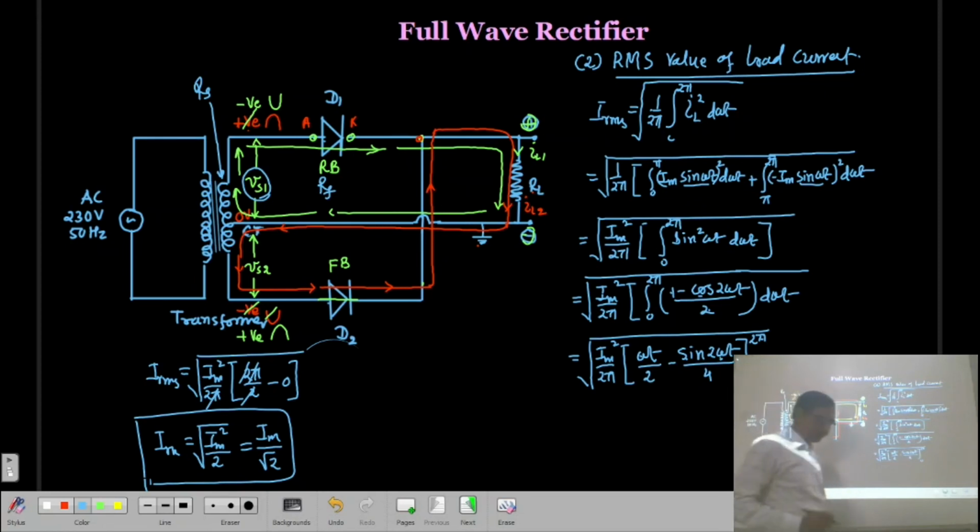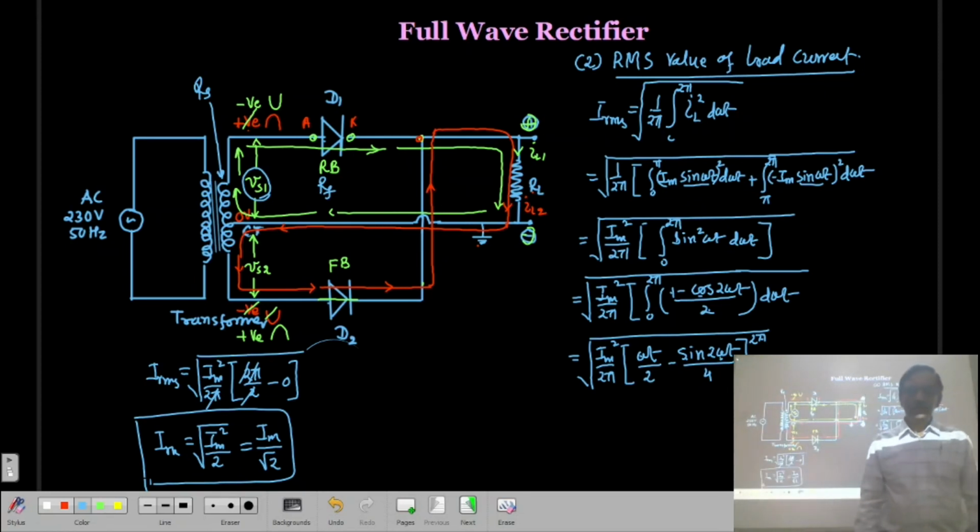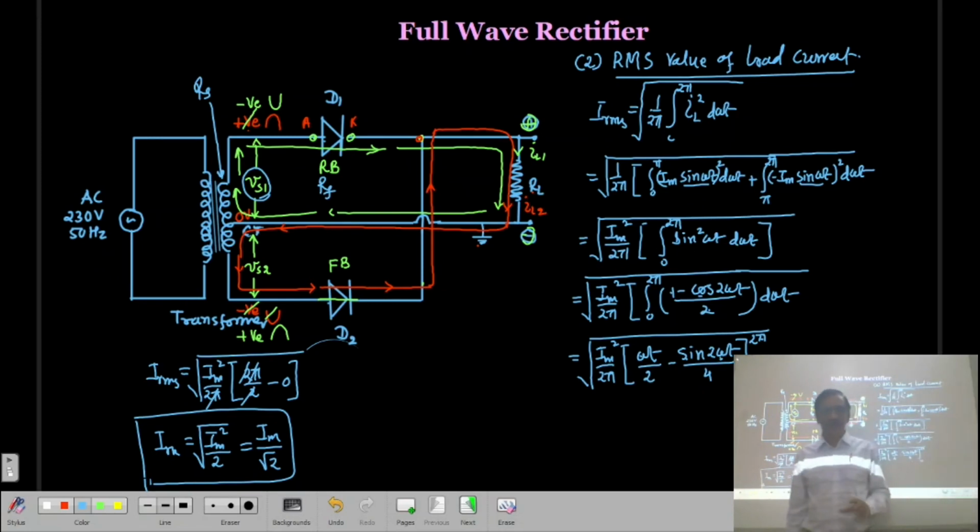So here now you compare this value with the half wave rectifier. In half wave rectifier the RMS value was Im by 2, but in case of the full wave rectifier it is Im by root 2, and this value of the RMS is like the RMS value of your AC current. Remember, in that case also IRMS is given by Im by root 2.